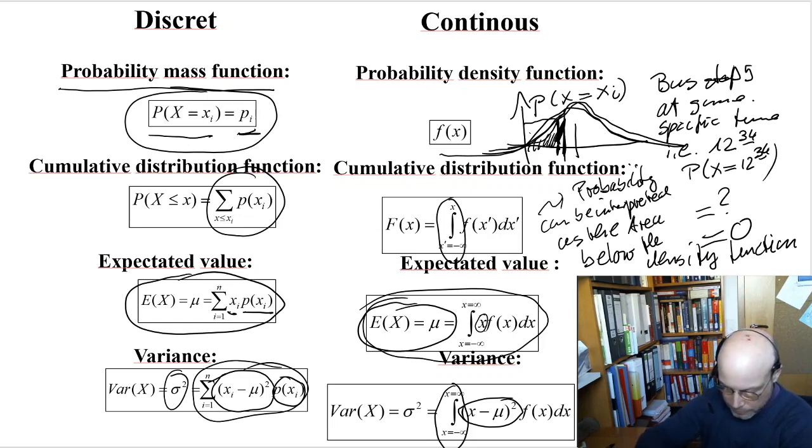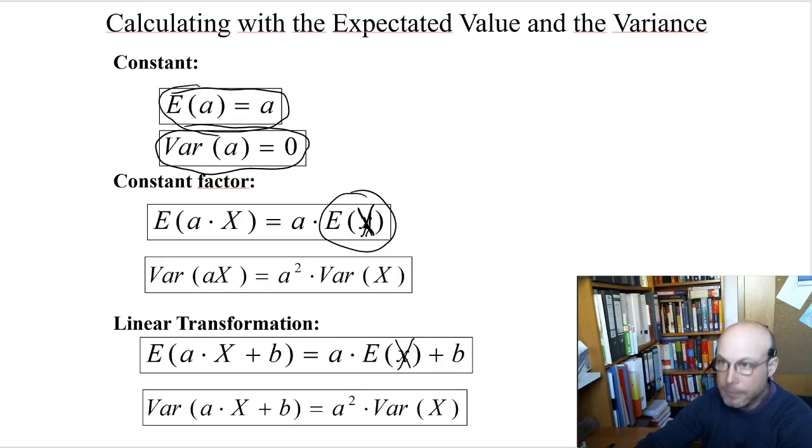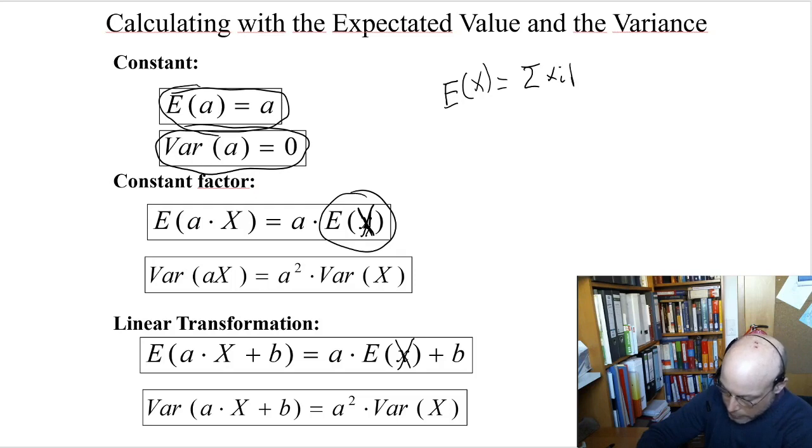Here, if we take this formula, then we have E of x equals the sum over xi pi.